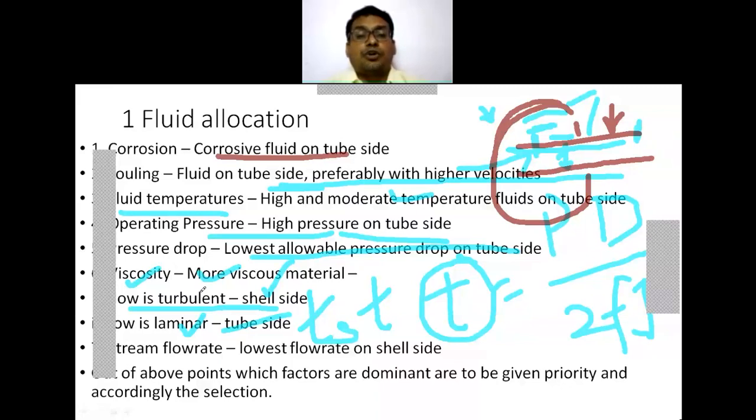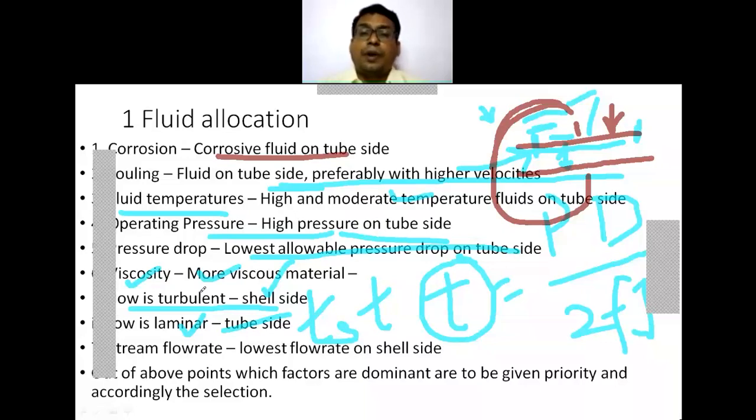If the pressure drop is the lowest allowable, then the tube side. So maximum is related to the tube side. Then the viscosity: if it is more, then the flow is turbulent, then it is shell side, and if the flow is laminar, then we can use the tube side.